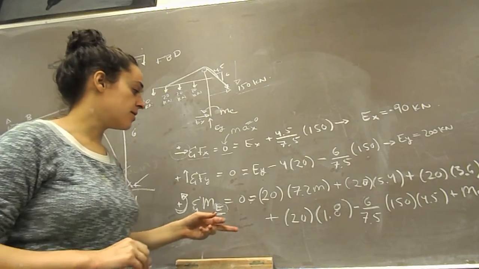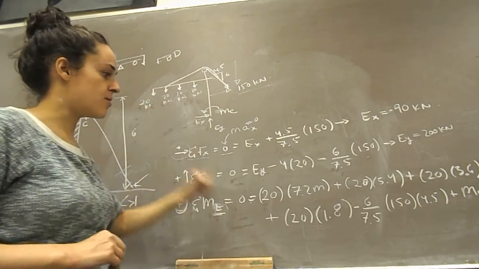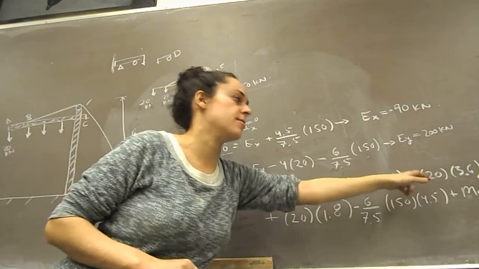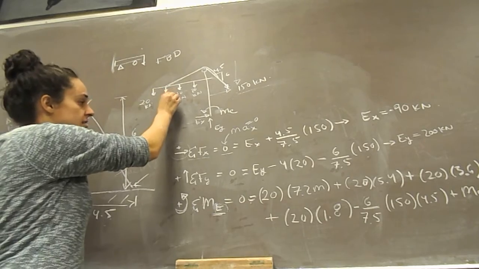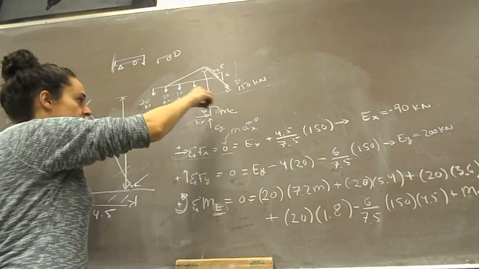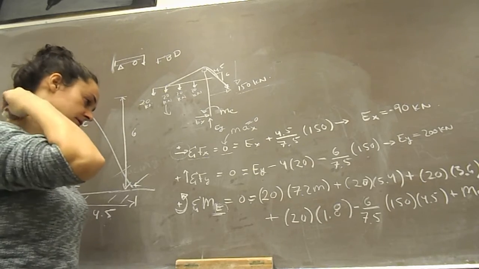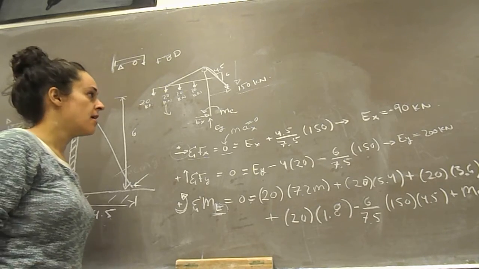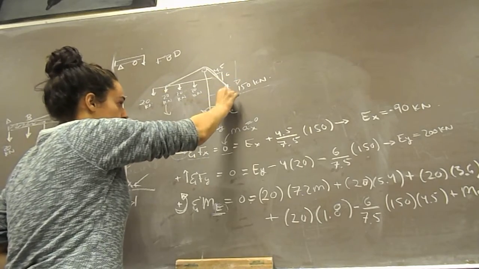So let's continue. 20 times 7.2, that takes care of this guy. We go on, 20 times 5.4, 20 times 3.6, 20 times 1.8. And notice they're all on this side of the point E. So they're all going to cause a positive moment the way we've assumed it. They're all going to cause a counterclockwise moment. Now this guy is obviously going to cause a clockwise moment.